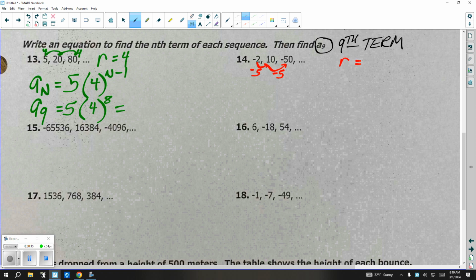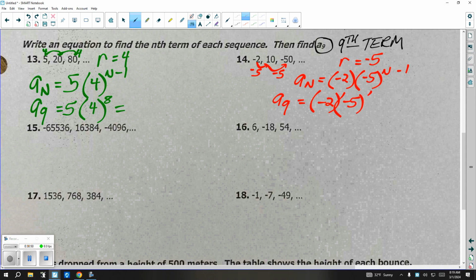Okay, so that means the nth term is going to be the first term, I'm going to throw that in parentheses because it's negative, times R, in parentheses, to the n minus 1. And then it's going to say, find the 9th term. Well, the 9th term is going to be the first term times R to the 8th, because it's 9 minus 1. I'm just skipping a little step there. Okay? Do you get that?